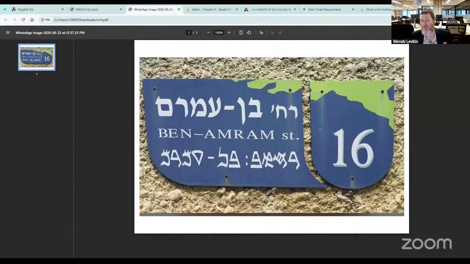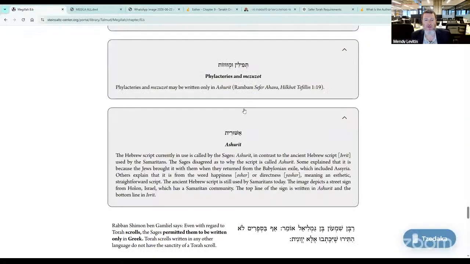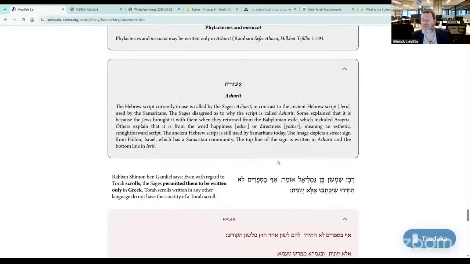Either way, the Tefillin and mezuzahs must be written in Ashuris. We're still in the Mishnah. Rabbi Shimon ben Gamliel says, Af bisfarim la yitiru sheyichtevu al yivanis. He disagrees, and the halacha is like Rabbi Shimon ben Gamliel. You can't write the Sefer Torah in any writing. The only other language it's permitted to write in is Greek, and we'll learn later why.